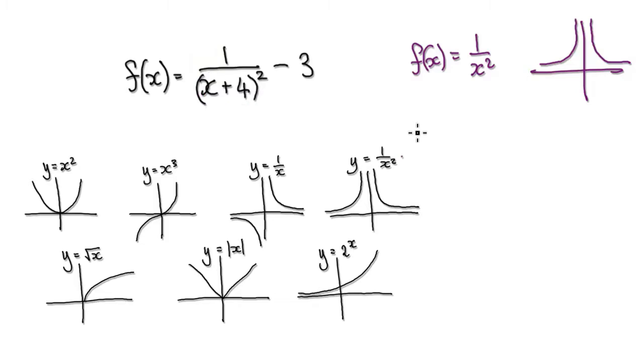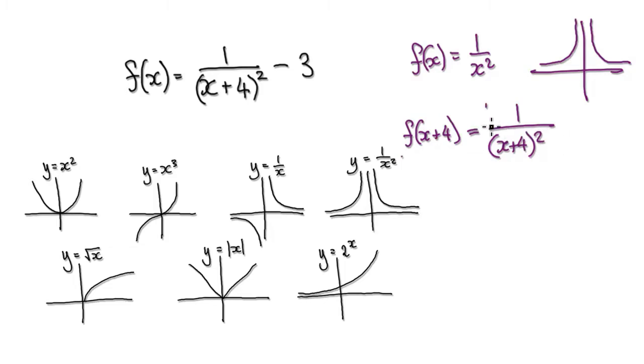That would mean you put this into the x here. So that would be 1 over x plus 4, all squared, because if you put this into here, it's everything in the bubble squared.